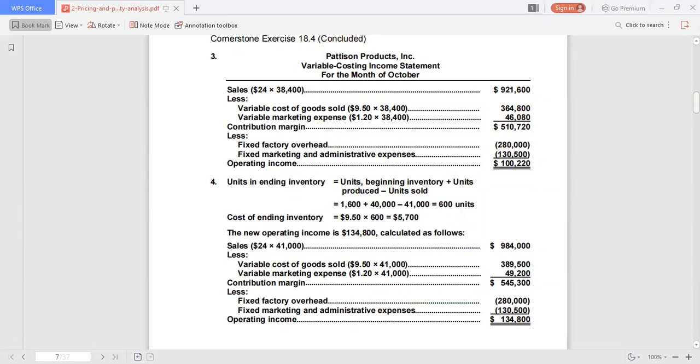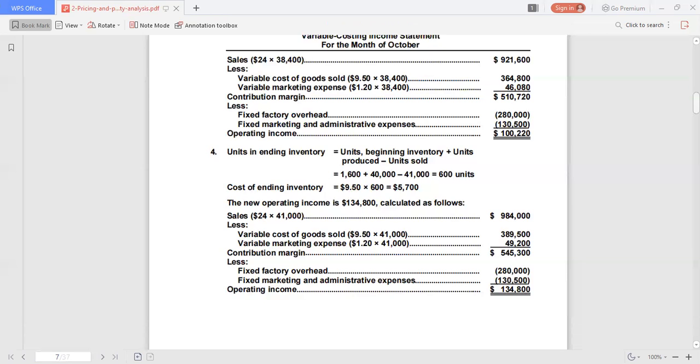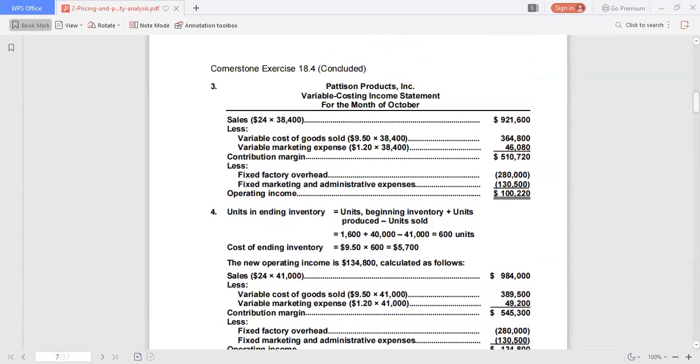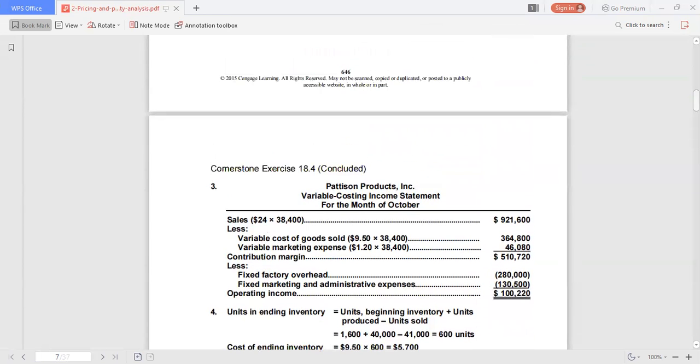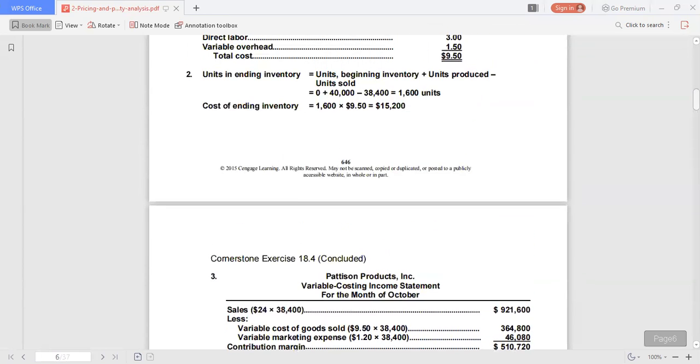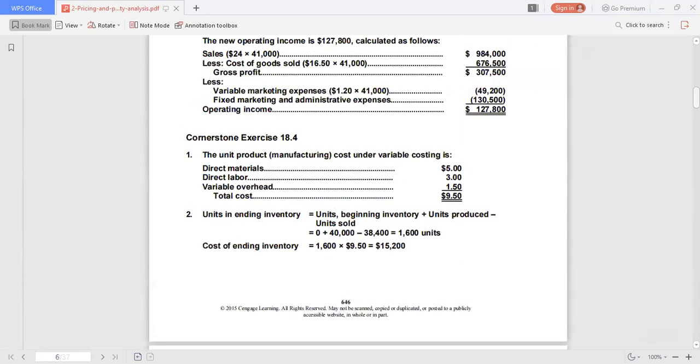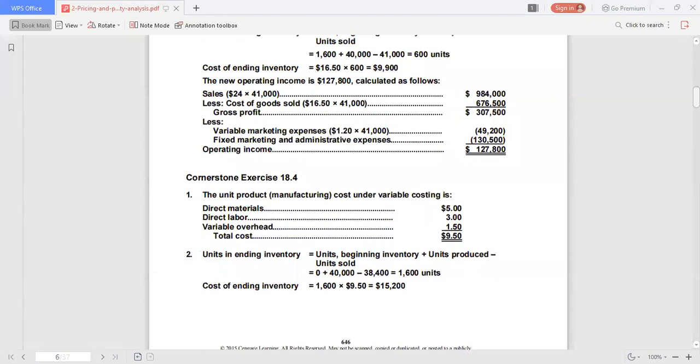Our operating income is 134,800 under variable costing, whereas under absorption costing, our operating income amounts only to 127,800. That is for the month of November.